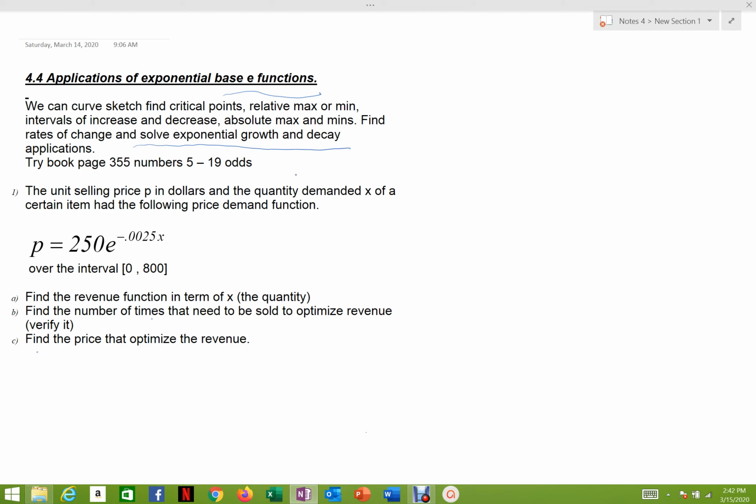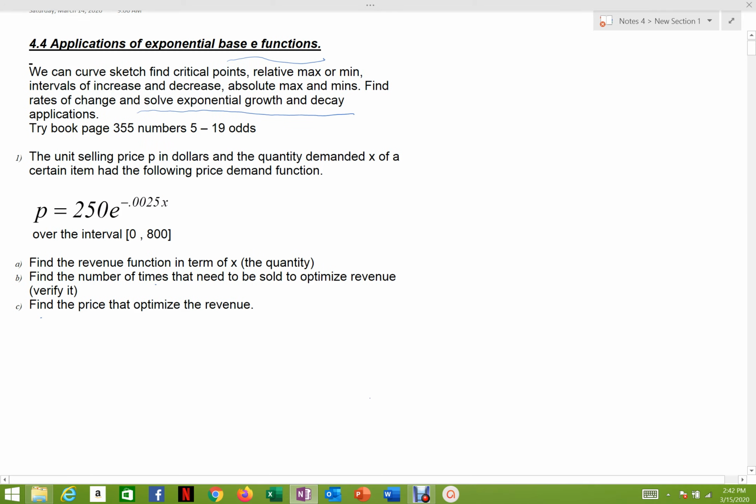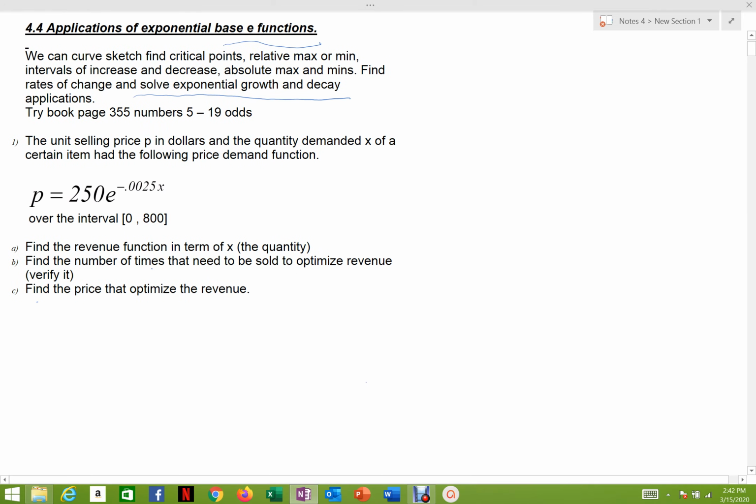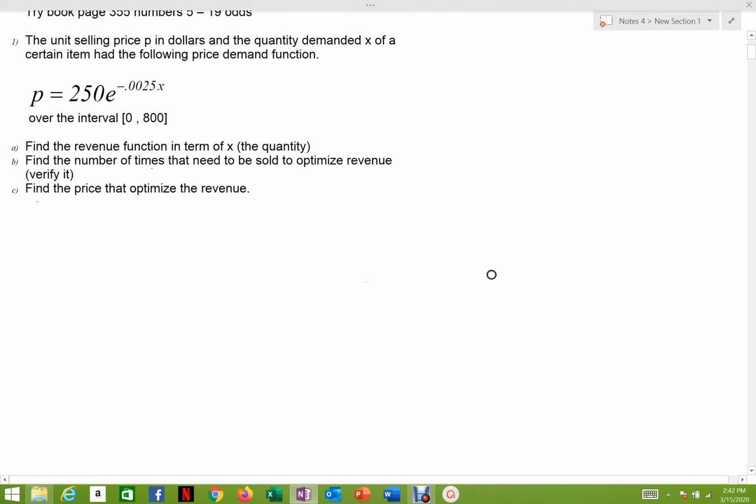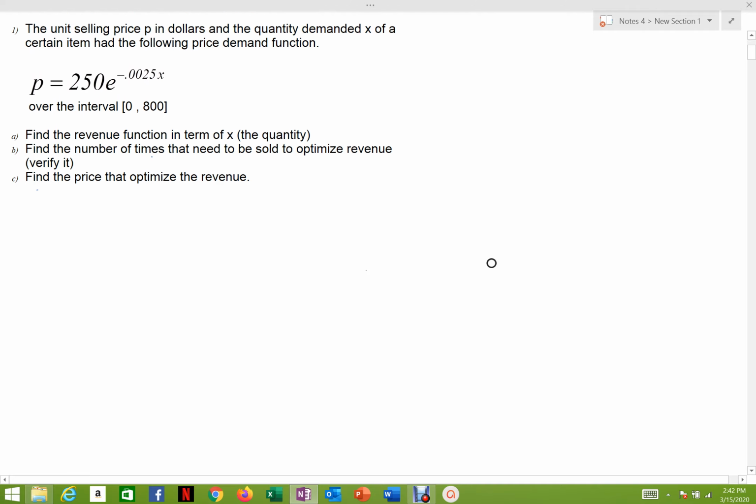Now 4.4 is going to expand that. We're going to look at other types of applications, hopefully reintroduce to you exponential decay, both uninhibited and the logistic types.